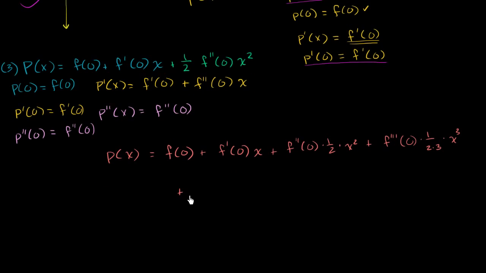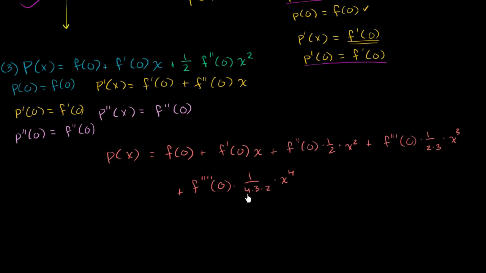Plus, if we want to make their fourth derivatives at 0 coincide, it would be the fourth derivative of the function at 0 times 1 over, and I'll change the order, instead of writing it in increasing order, I'll write it as 4 times 3 times 2, times x to the fourth.